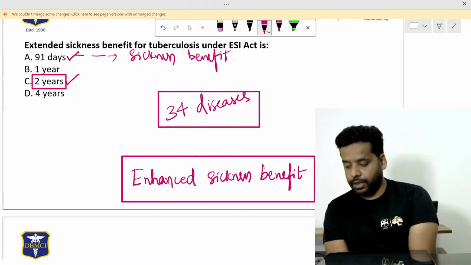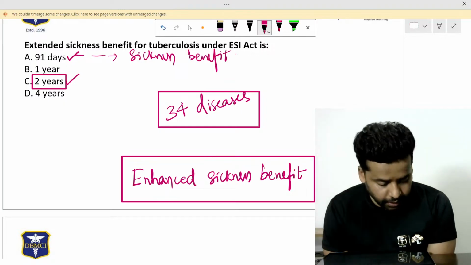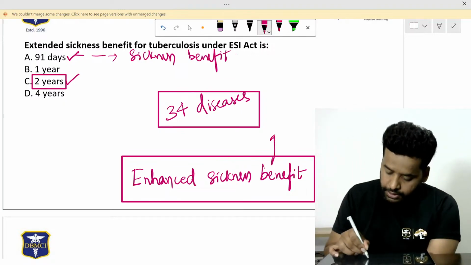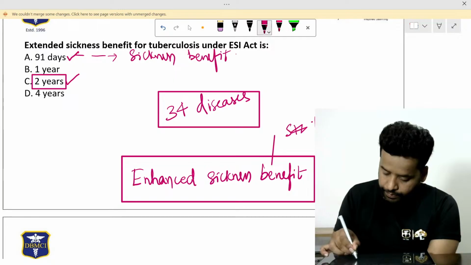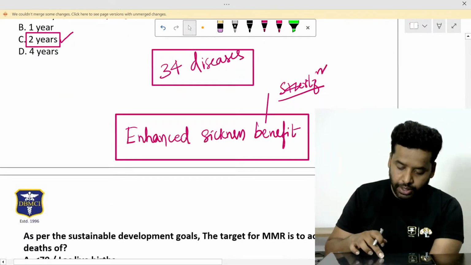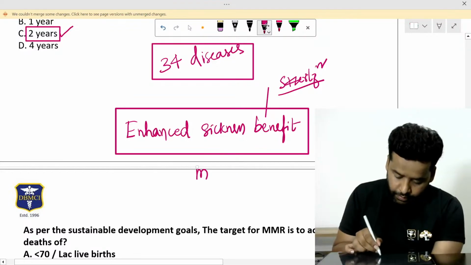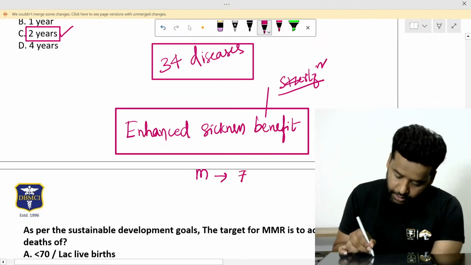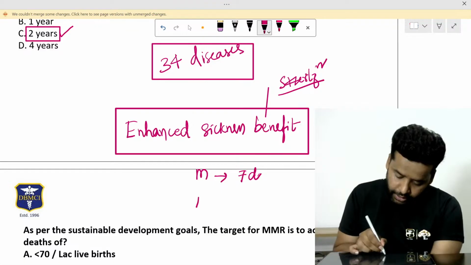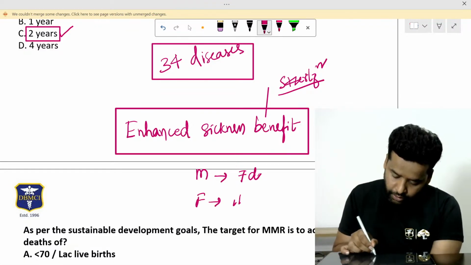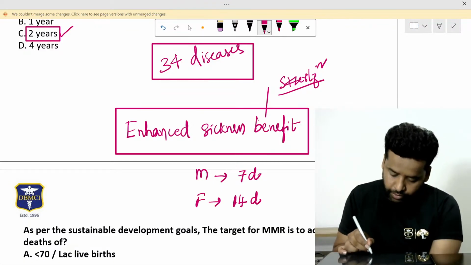See the words properly. It is for sterilization purpose. How many days for male? 7 days. How many days for females? 14 days. F for female, F for 14.